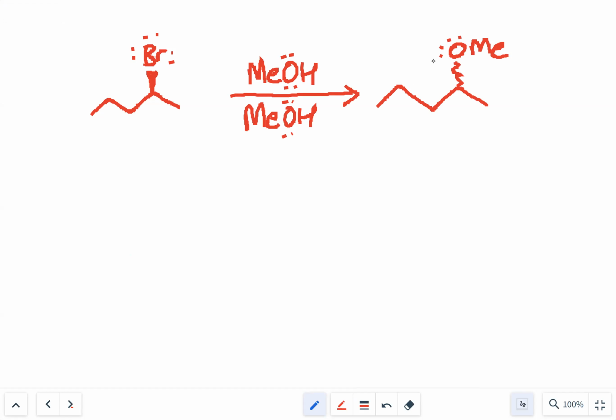Okay, so if we were to do this mechanism here, what is the first step? What's the first arrow I'm going to draw?